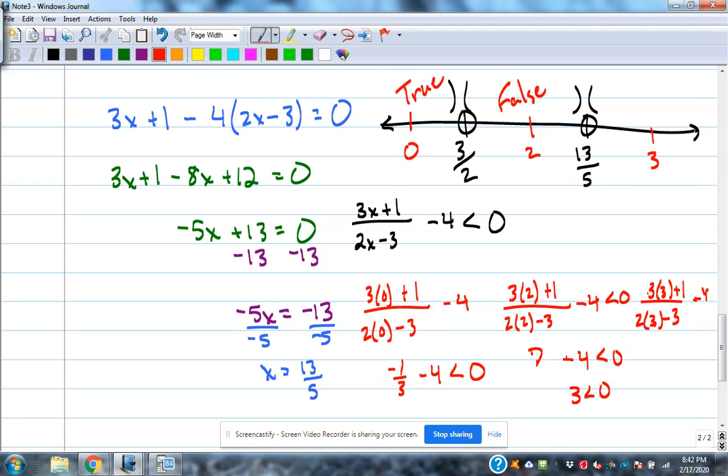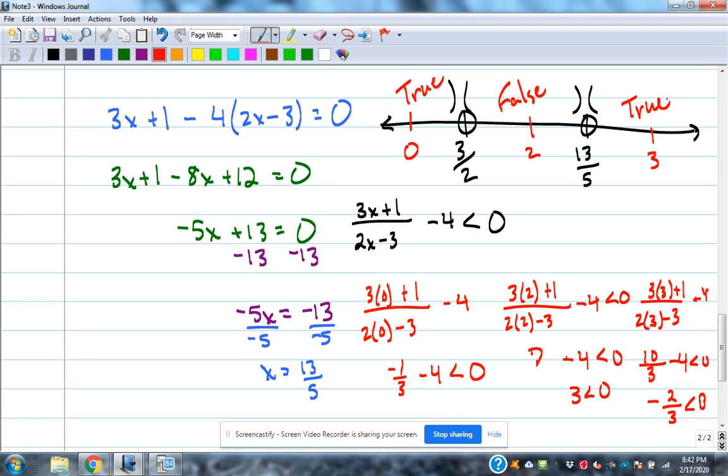So that's going to be 9 plus 1 is 10. 2 times 3 is 6 minus 3 is 3, minus 4. 10 over 3 is 3 1/3. 3 1/3 minus 4 would be negative 2/3. Is negative 2/3 less than 0? Yes. This is true.